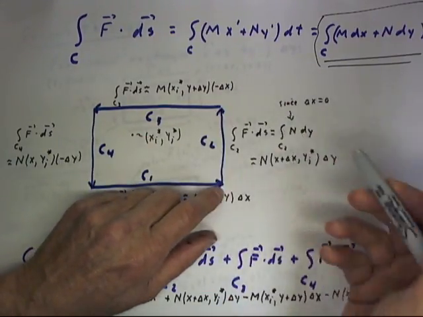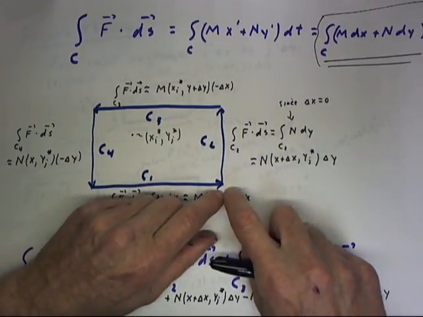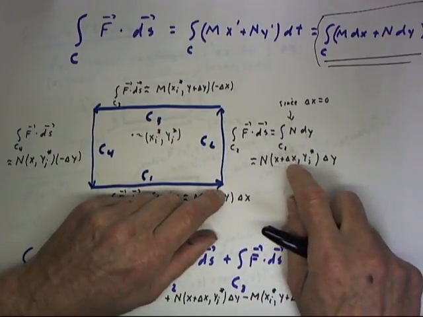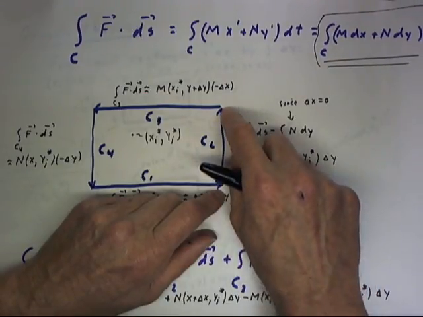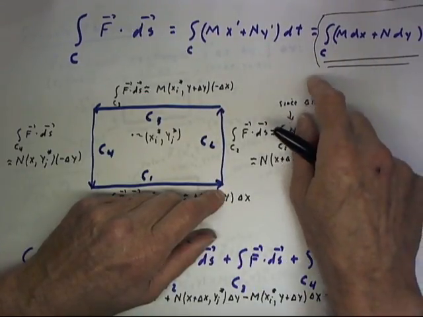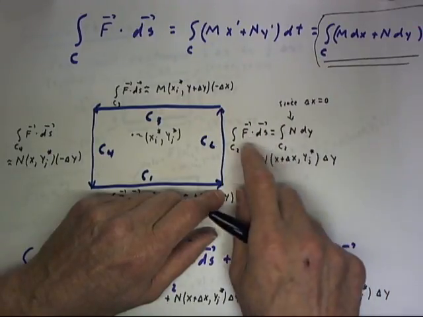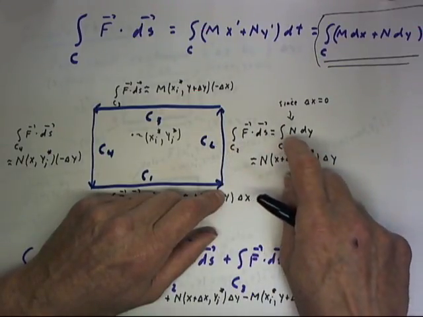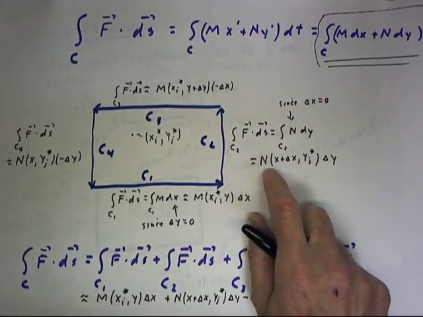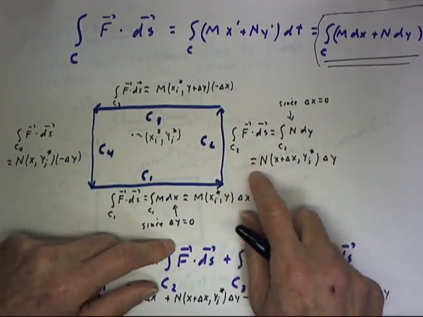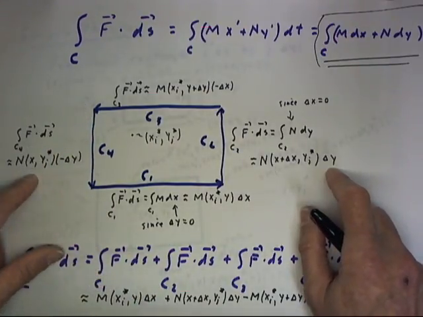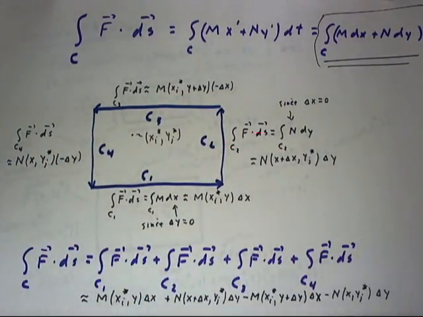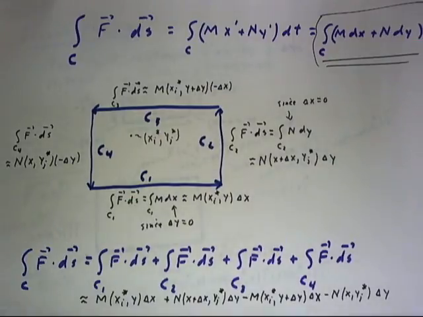Over the C2 part, x remains constant. It's x plus delta x, meaning that the dx is going to be 0 on this part of the curve. There's no change in x, so that the m dx part goes away. The integral is just the integral then of n dy, which is approximately equal to this presumed average value of n times delta y. And very similar over here.